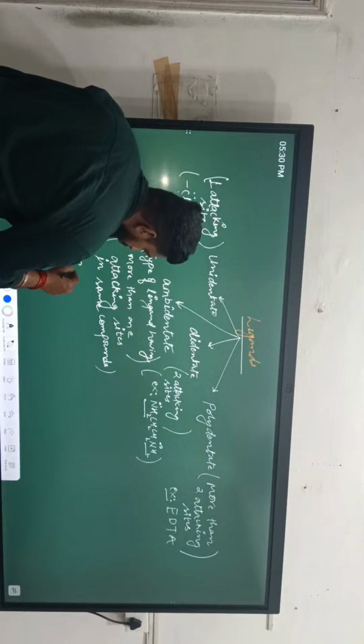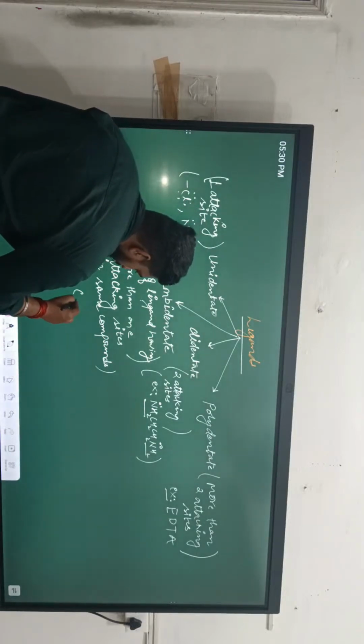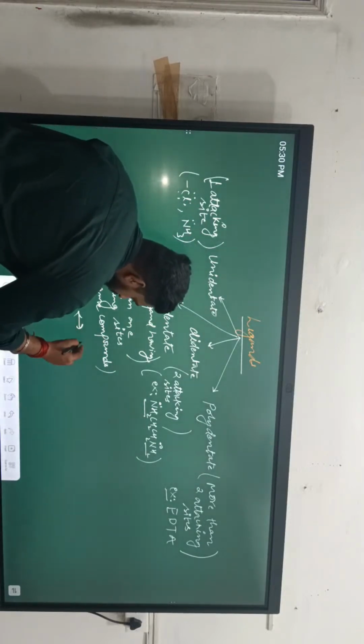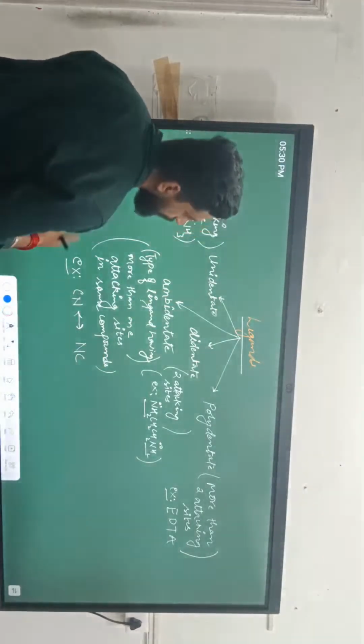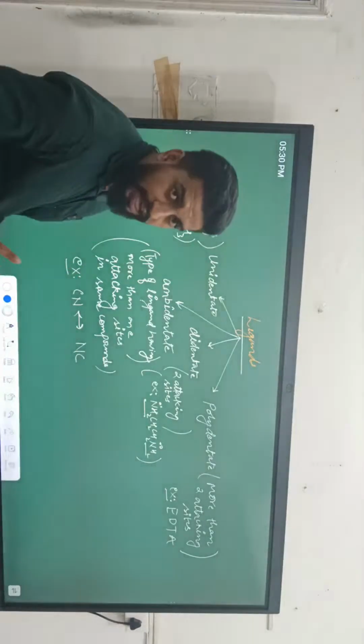Okay, example, cyanide. It can also get attached as NC, and the name will change to isocyanide. So these are the types of ligands.